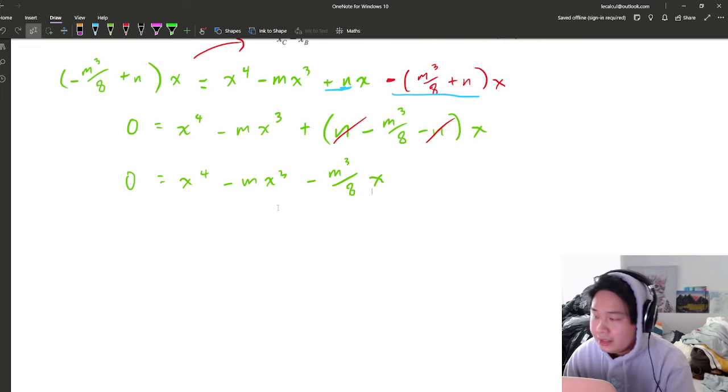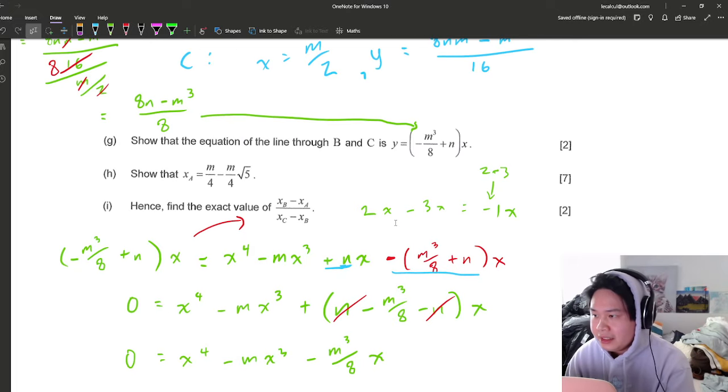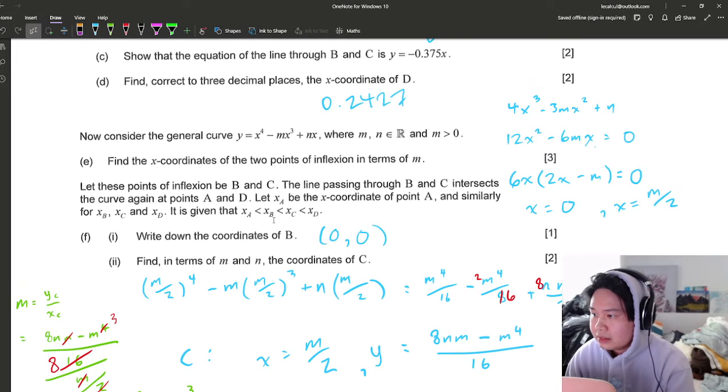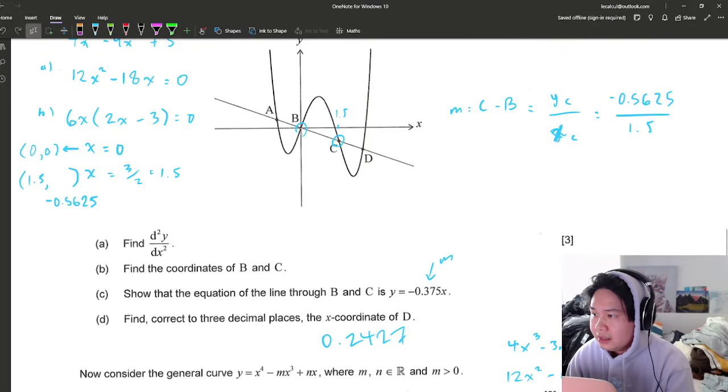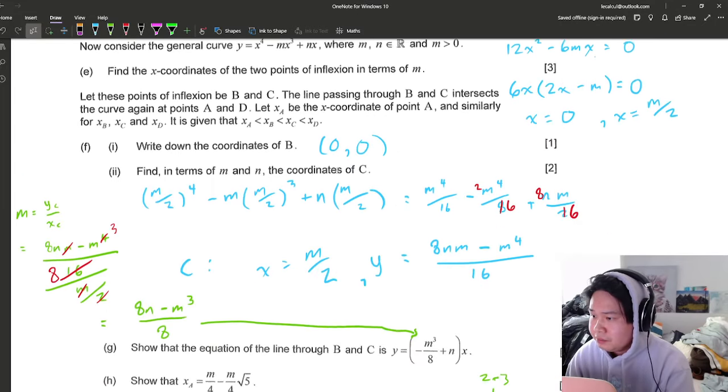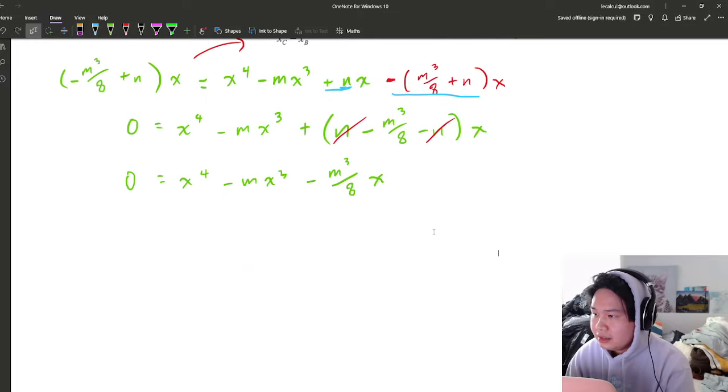Okay, and there should be 4 solutions, right? X, A, B, C, D. Now, what's nice is that we already know B and C, so we can do a couple of things.